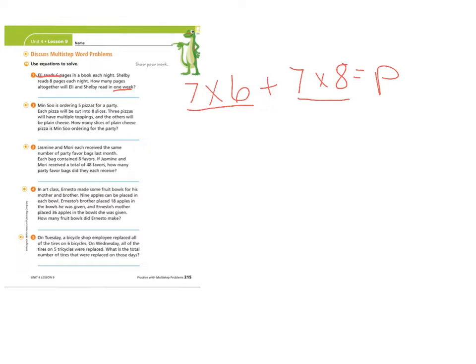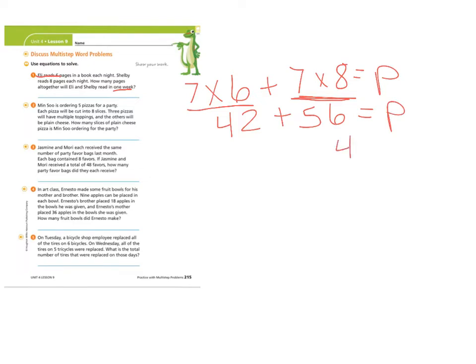So let's do 7 times 6 first. 7 times 6 is, I'm going to give you a second to think about it, 42, plus 7 times 8 equals, let's think about that for a minute, 7 times 8 equals 56, equals P. How do we solve for P?